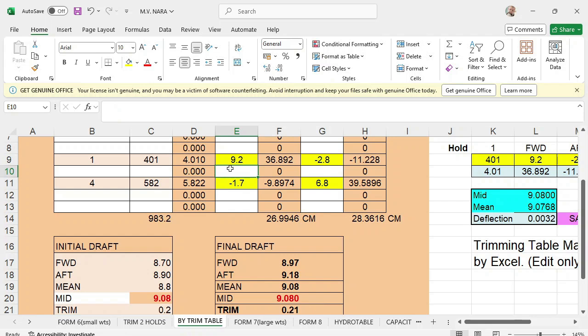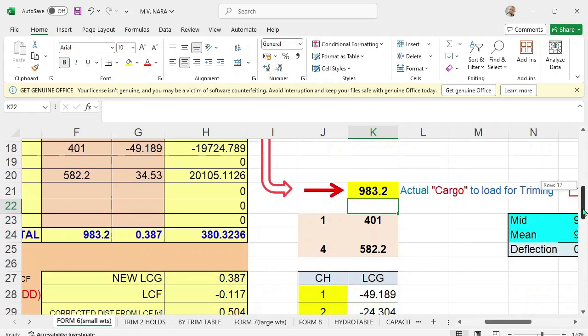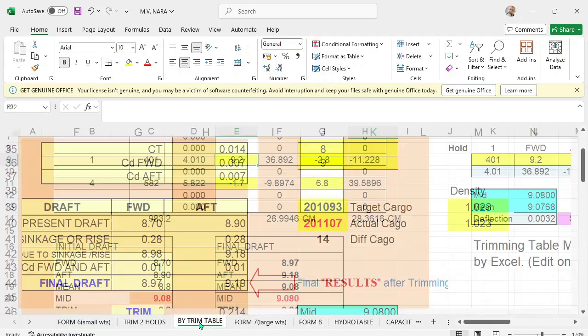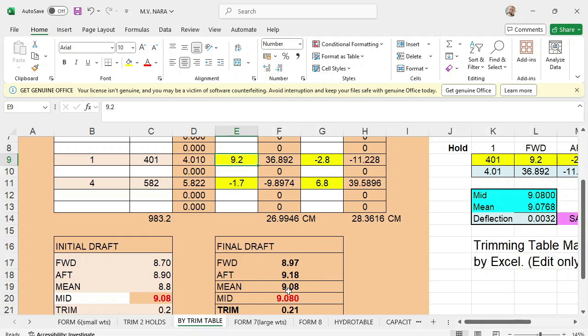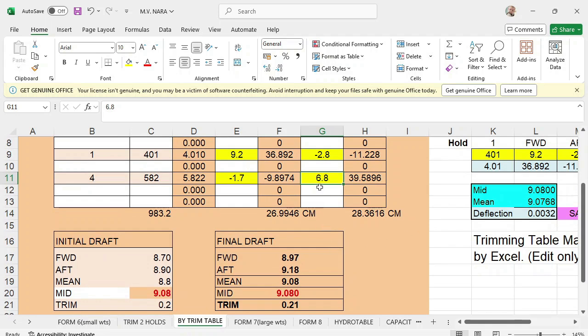Then we go to 9.3. How much is there? We have already 8.97, so we go to the aft part. Aft is reduced, so you add here 6.9.